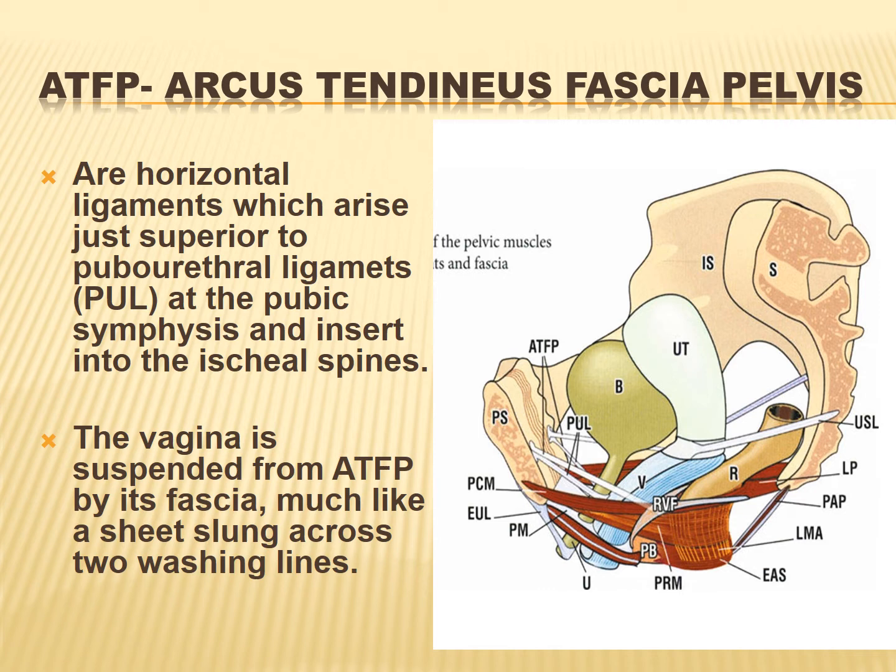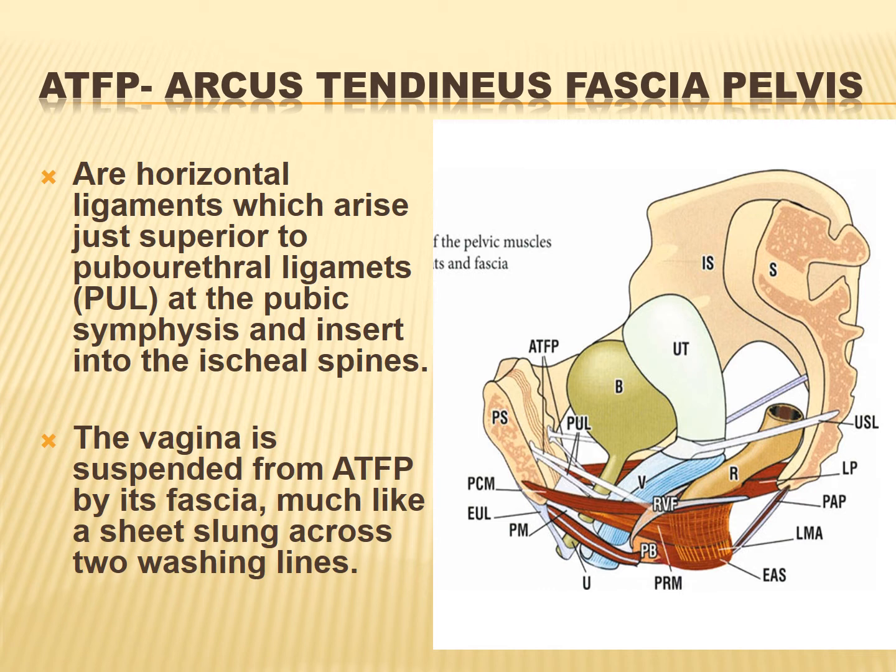So the arcus tendinous fascia pelvis arises just superior to the pubourethral ligament at the pubic symphysis, and it inserts into the ischial spines. This is what we should know clearly. I'll tell you why it is important when we talk about the pelvic organ prolapse quantification system.